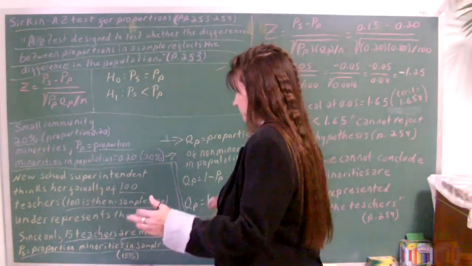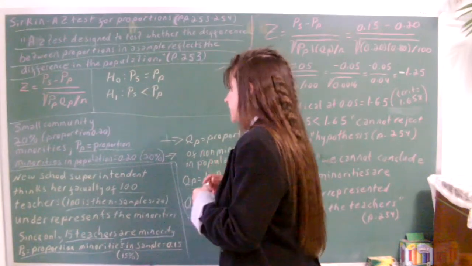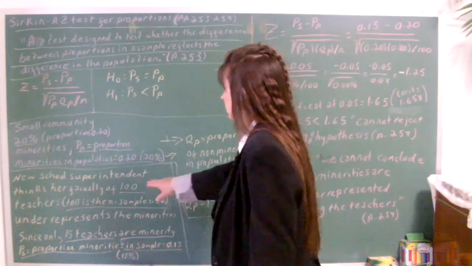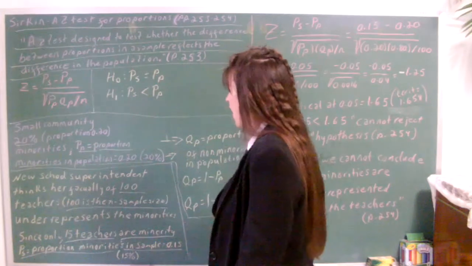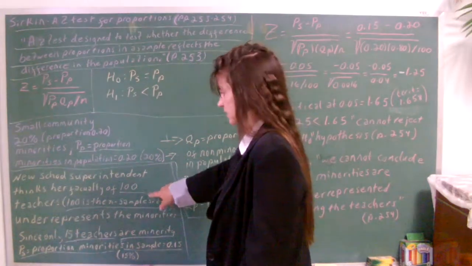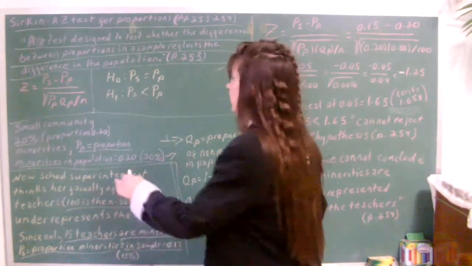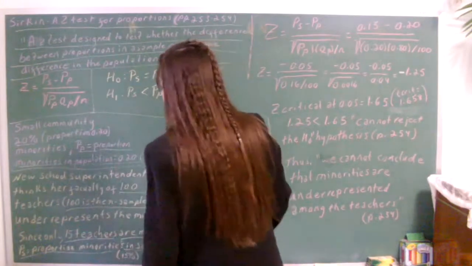Continue reading. There's a new school superintendent. She thinks that her faculty of 100 teachers, she's looking at 100 teachers, this is our sample size. The 100 is the sample size, which is our n. Our n is 100.